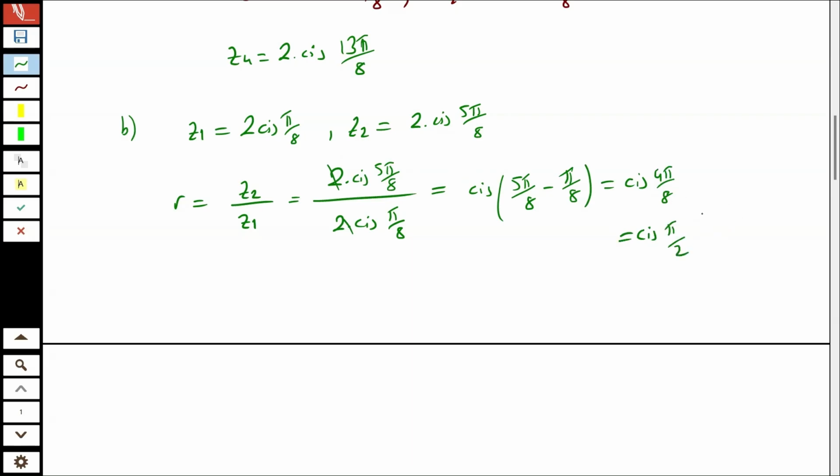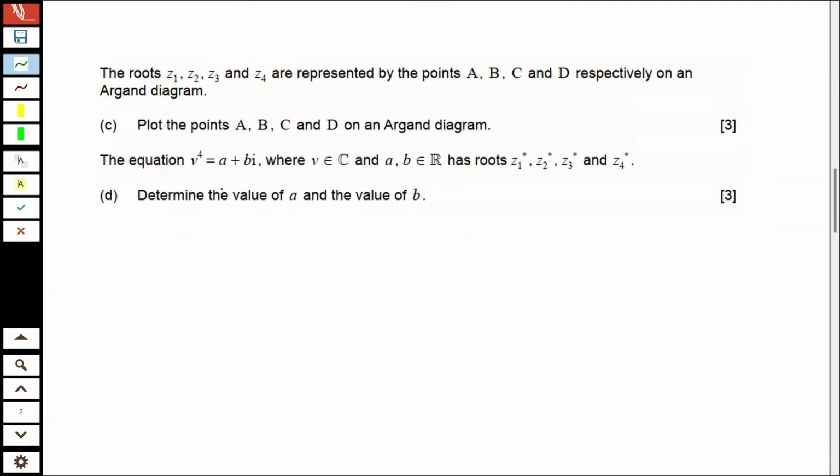So we can also write cosine pi over 2 plus i times sine pi over 2, which equals i. So at question C, it's asking us to show these roots on an Argand diagram and plot the points A, B, C, D on an Argand diagram.